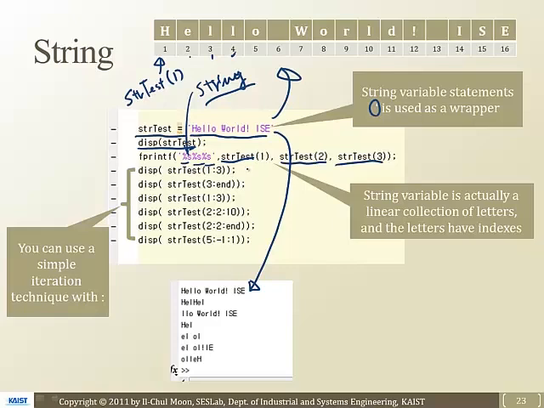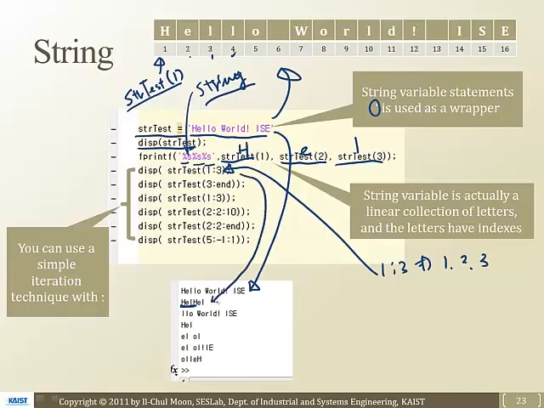Then according to this idea, str task 1 represents H, str task 2 represents small e, str task 3 represents small l. So this HEL is printed out. Similarly here, 1, 2, 3 means str task 1, 2, 3. So again, HEL is printed out.